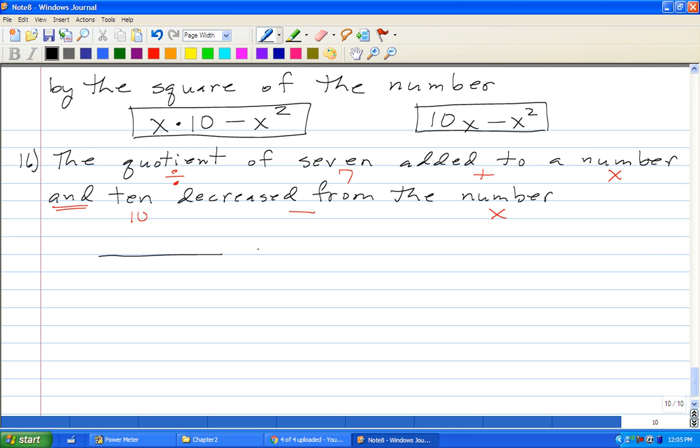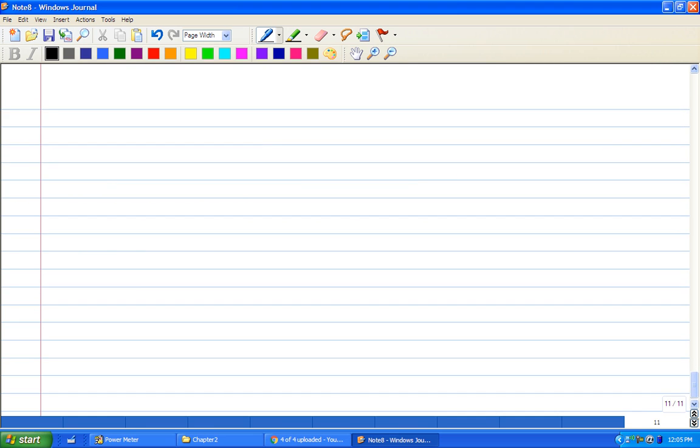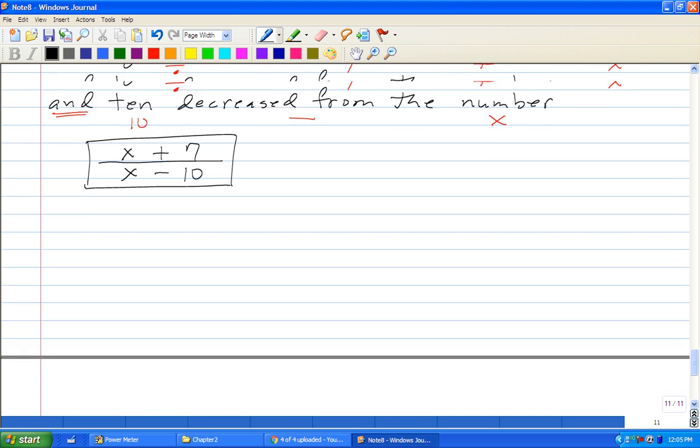So the quotient of 7 added to a number and 10 decreased from the number. And that is your answer. And so the from makes it go in the opposite order.